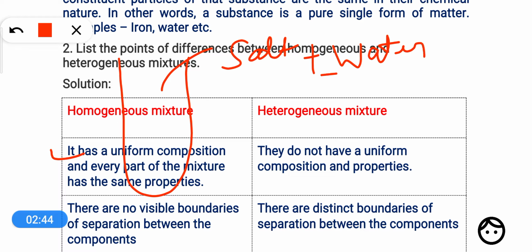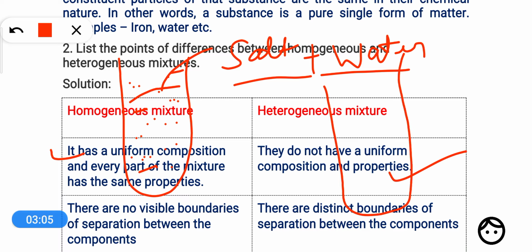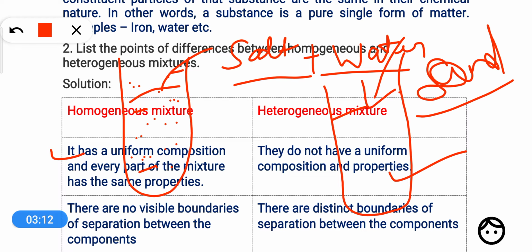If you mix salt plus water, then it will be a homogeneous mixture. Everywhere the composition will be the same, and everywhere the property, the taste, will be the same. But if we talk about heterogeneous mixtures, they do not have a uniform composition and property, means their composition varies at different places, right? Suppose we have taken a test tube and added some sand in water, then most of the sand will settle down at the bottom and the sand particles will be fewer at the upper side.